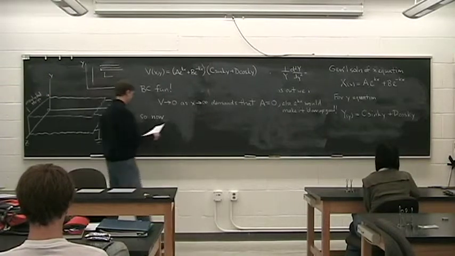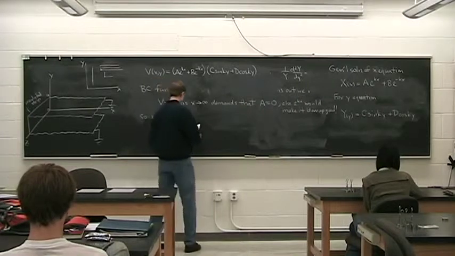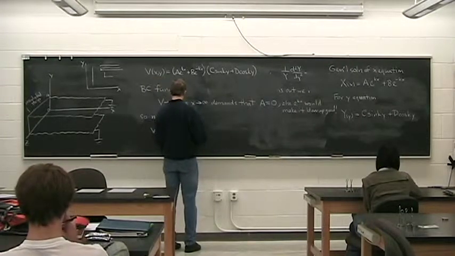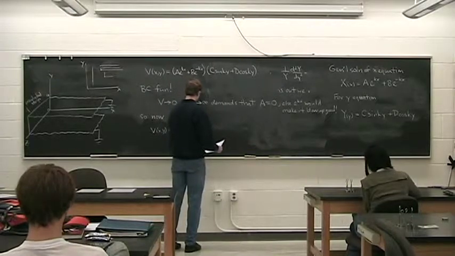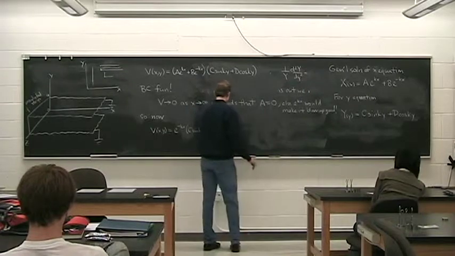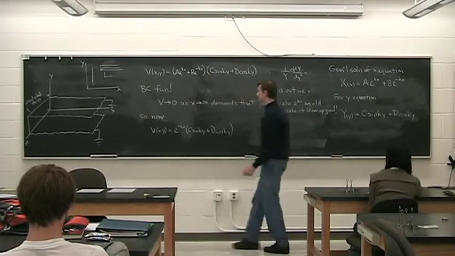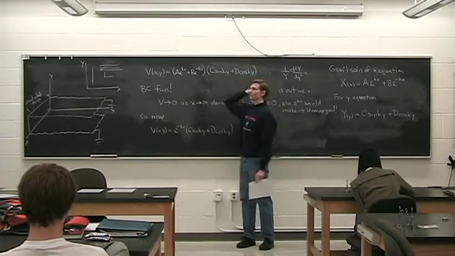And so now, our v of xy separable solution can be written as e to the minus kx times c sine ky plus d cosine ky for all we know so far. We don't keep the b around because we can just absorb it into c and d.